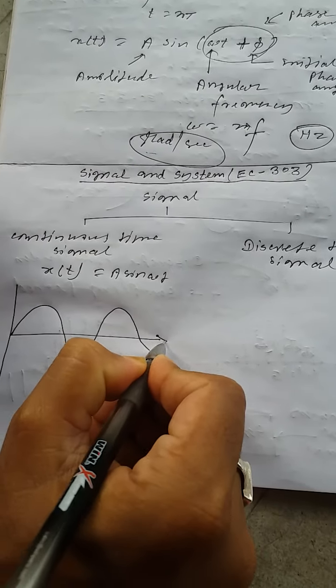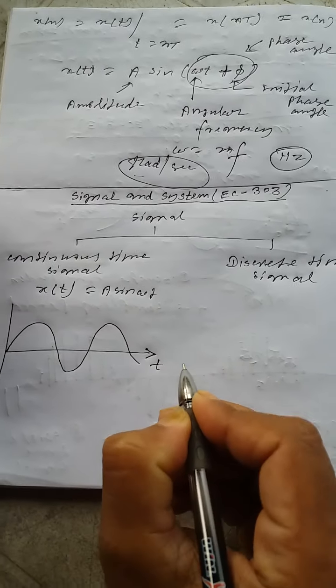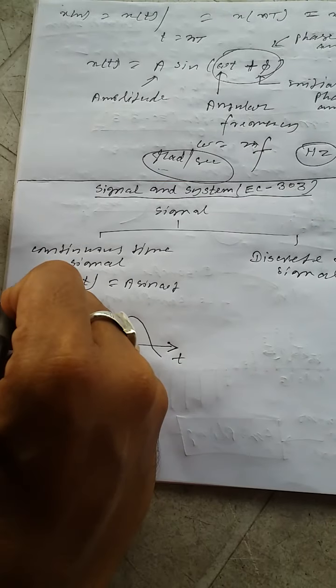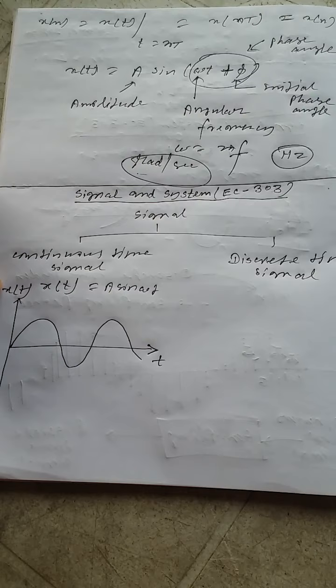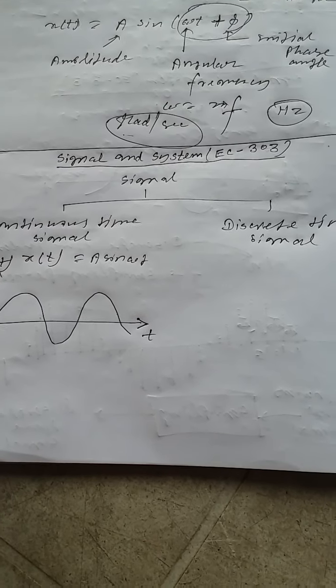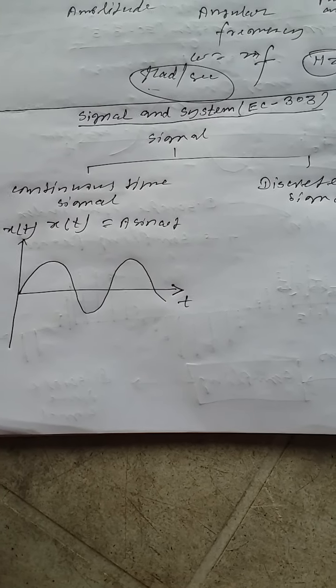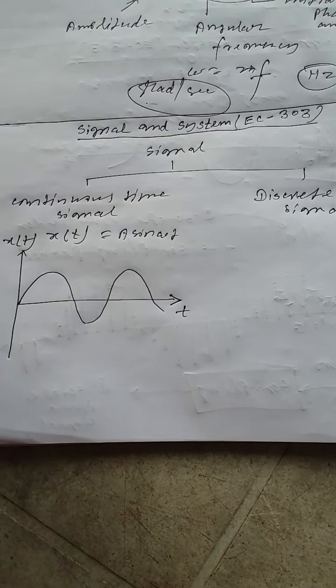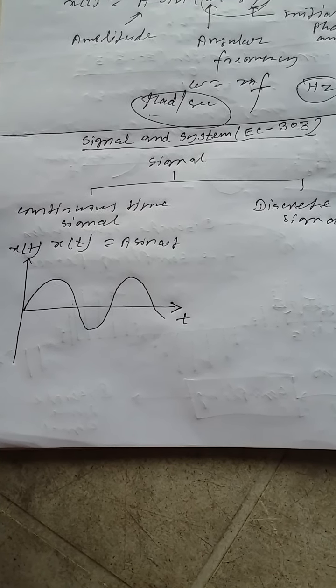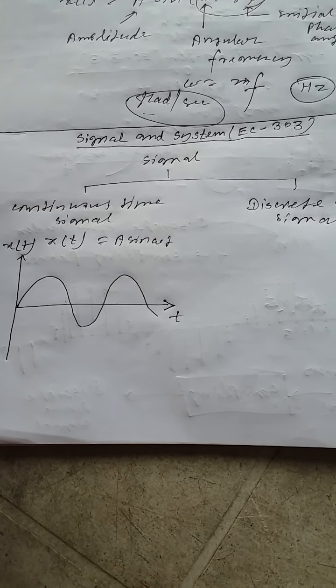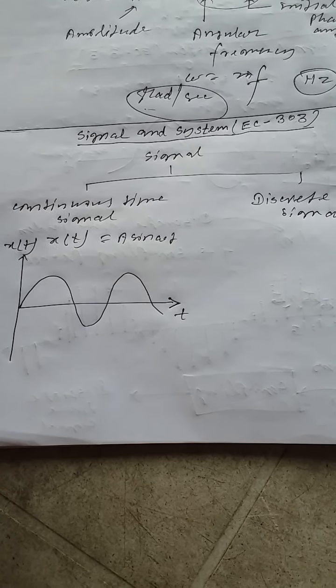So along the x-axis there is time t, and along the y-axis the signal, that is x of t. Okay, so x is a function of t here. What is t? T is nothing but time. So how much time it takes for the signal to flow is represented by t.